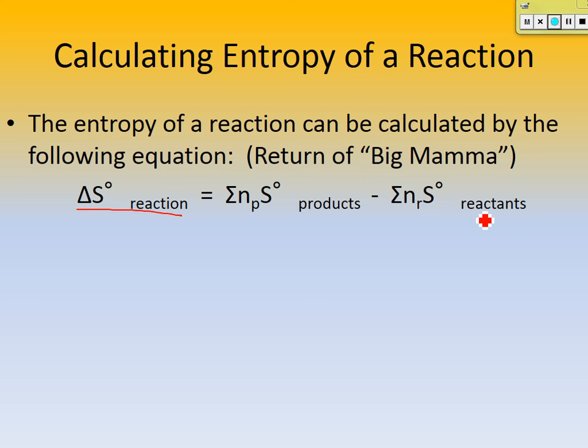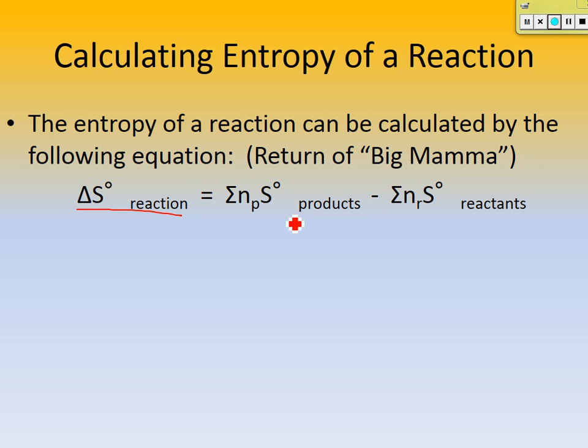Now, where do you get these entropy values from? The tables. Yeah, these thermodynamic data tables, that packet that I passed out. Please have that out for the next few slides. Where do you see the entropy values listed on these tables? It's in the last column.